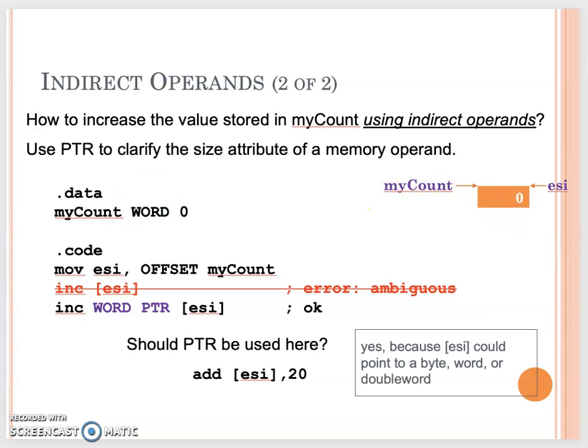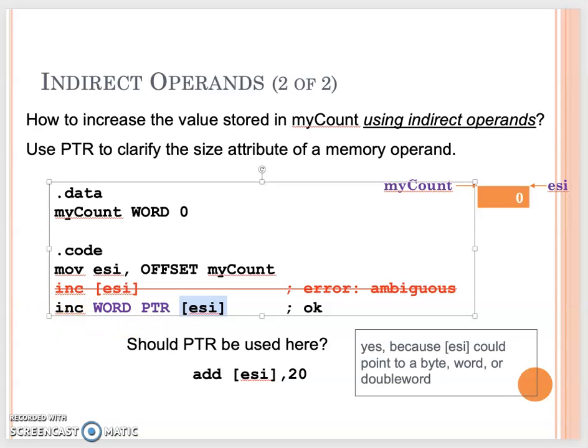So every time you access this location, it will read 2 bytes. But ESI only has the memory location. So whenever you do the dereference, it doesn't know how many bytes to read. So if you increment this way, it doesn't know it needs to read 2 bytes, and it increments by 1. So if you're using the indirect addressing operand to do the increment, because you only have 1 operand, you need to tell it how many bytes to read.